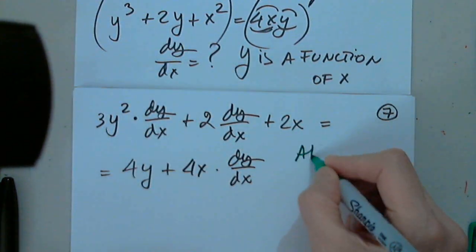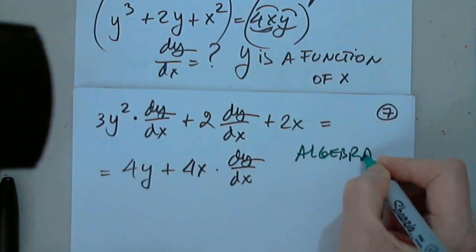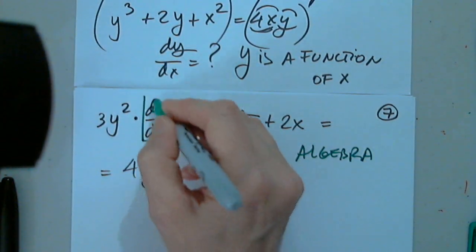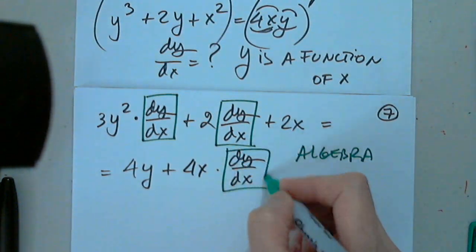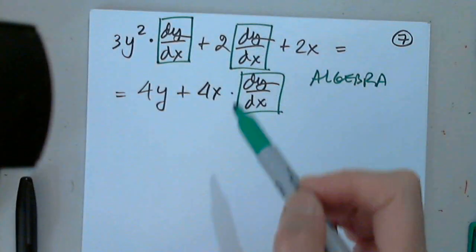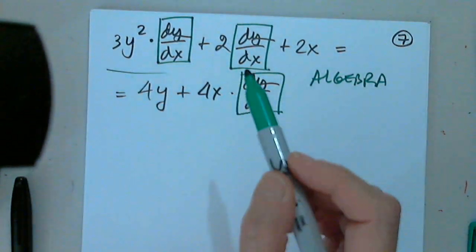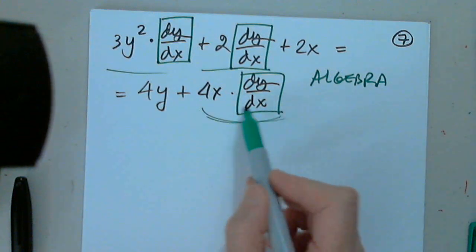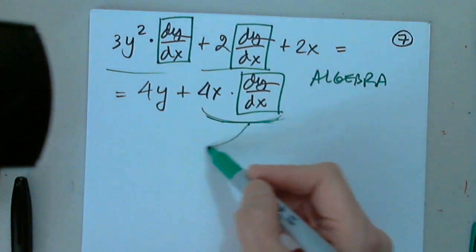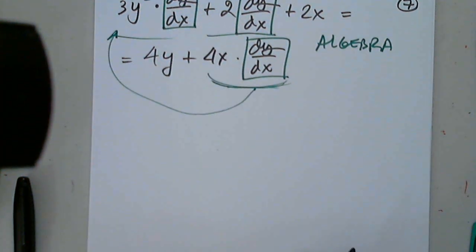Now it's just algebra. I have to solve for this variable. I notice that this variable is present in this term, which is on the left-hand side, but also present in this term, which is on the right, so it has to be moved to the left.